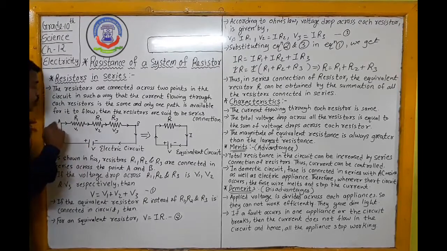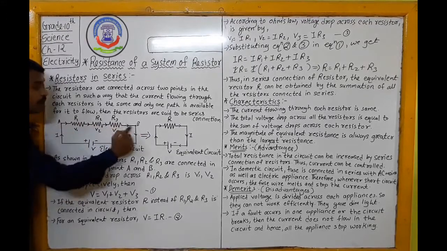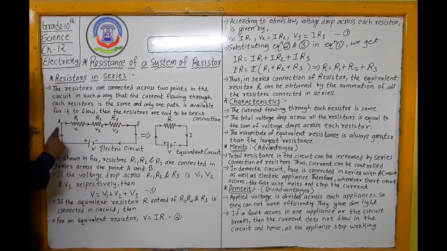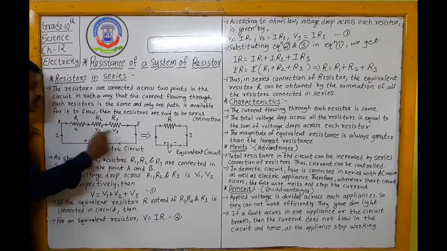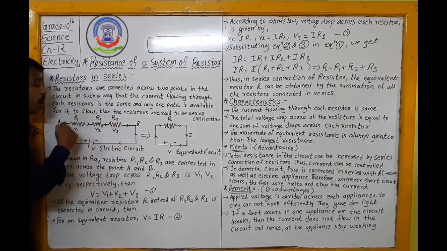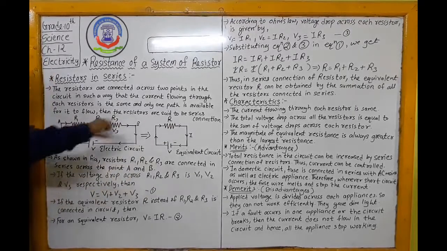Now between these two points A and B, your current has to travel. See, this is the only path which is available for the current to flow from point A to point B. And what are the resistors connected? Resistor R1, resistor R2 and resistor R3. All are in series connection, all in one continuous straight connection.